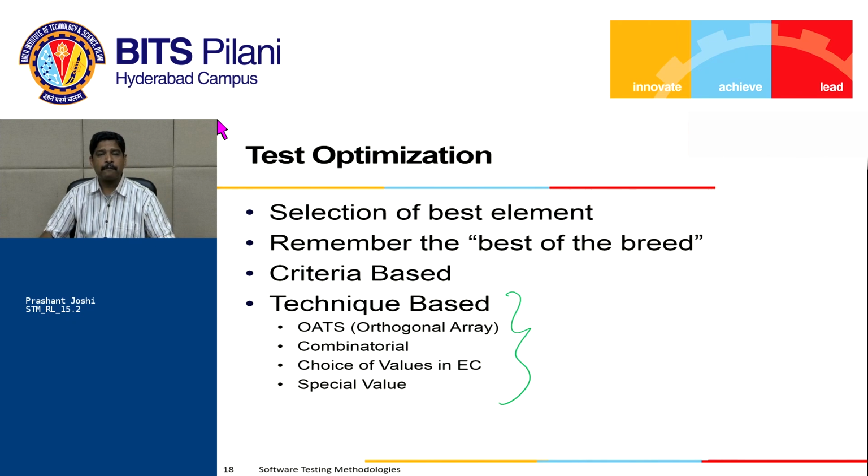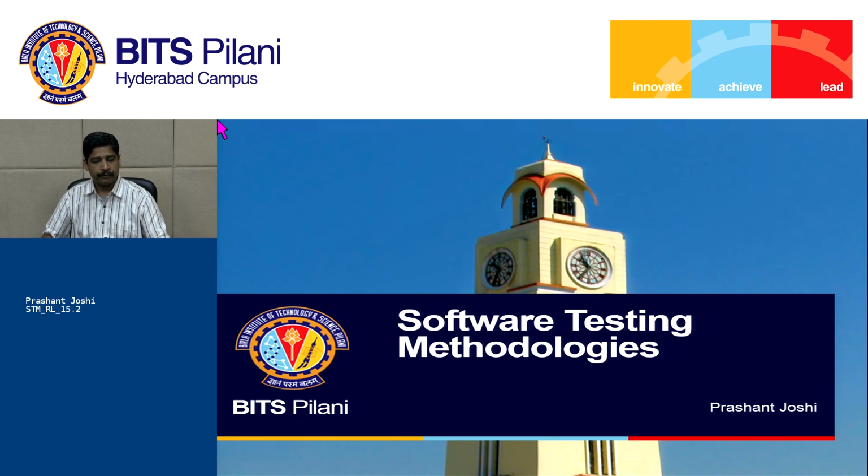These are the techniques that we will start looking at in detail in the modules which cover optimization: orthogonal array, combinatorial logic, or choice of values in equivalence class, and of course special value which comes out of experience of test engineers in a particular domain. So these are some of the techniques that we look at from a regression testing, optimization, minimization, prioritization piece.